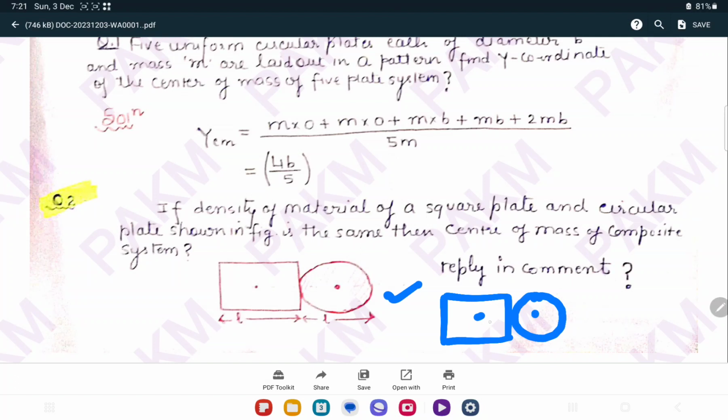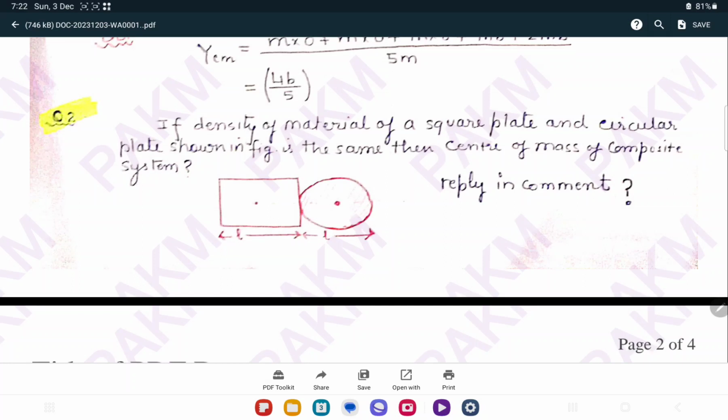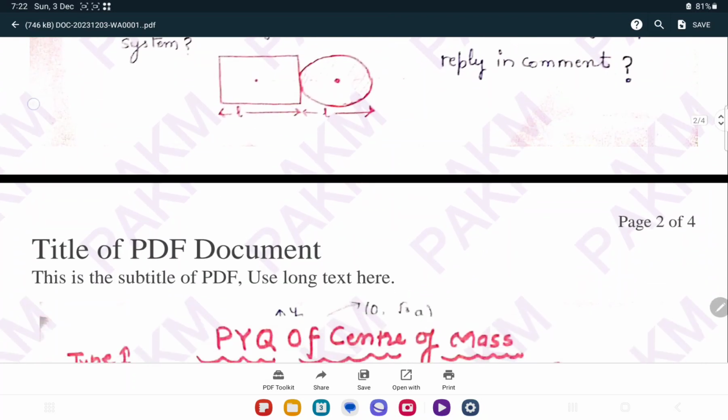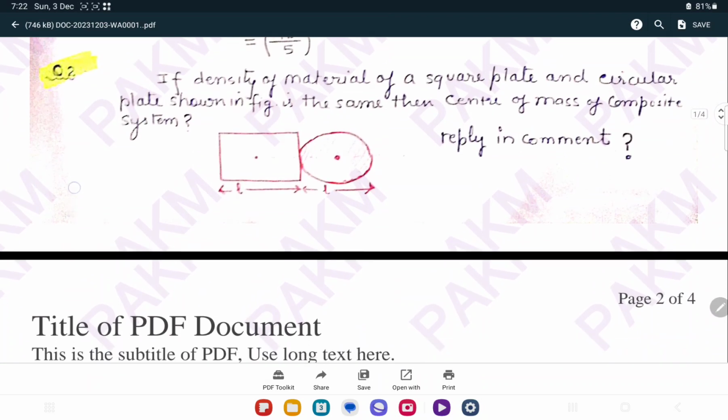As you know, the rectangle has more mass, that's why the resultant center of mass shifts more towards the rectangle side. They were only asking at which location the resultant center of mass will be. Where the mass is more, it will shift towards the rectangle side rather than the circle side.